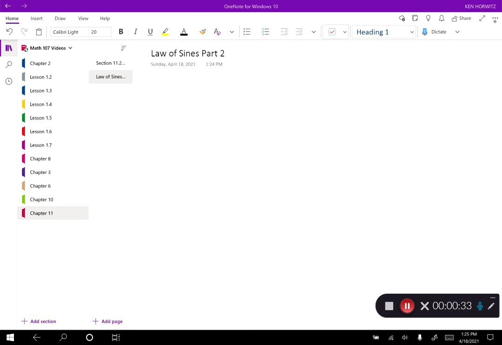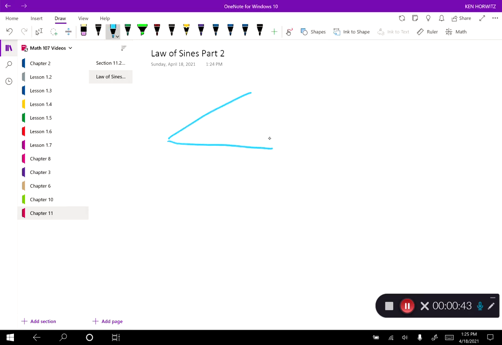And the ambiguous case comes in if you have two sides and the angle opposite one of them. So for example, if I have side B and side A and angle A, we could have multiple triangles.